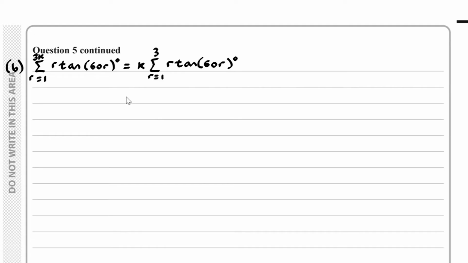So, we have k times by 1 tan 60, plus 2 tan 120, and then 3 times tan 180. 3 times 60 is 180.